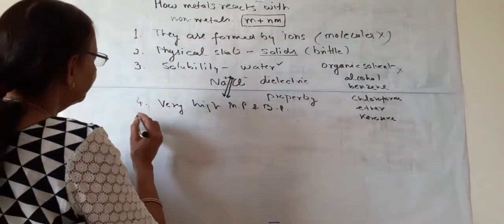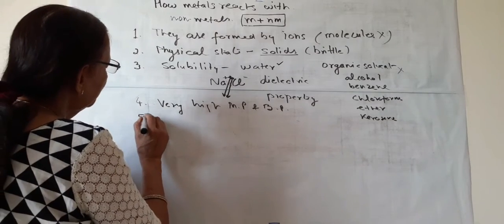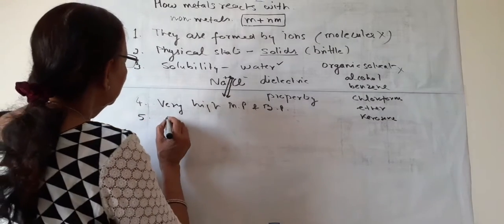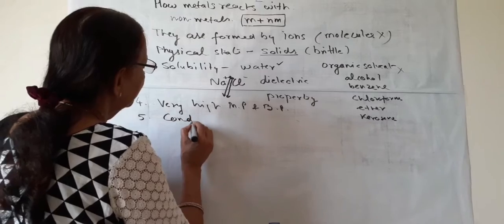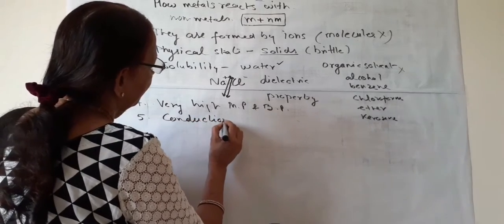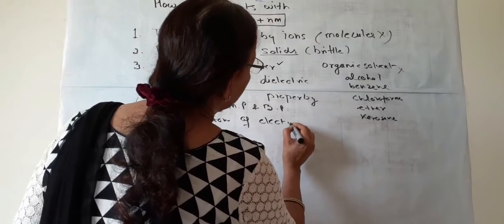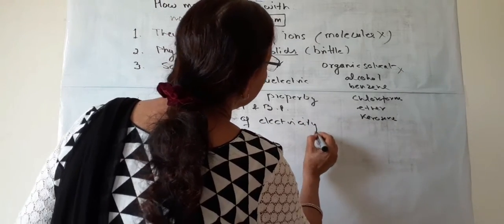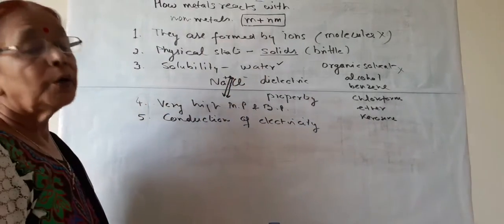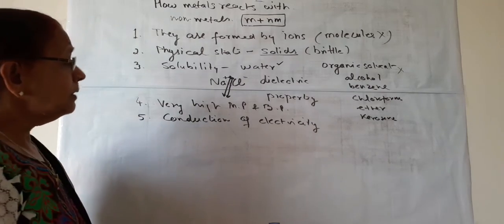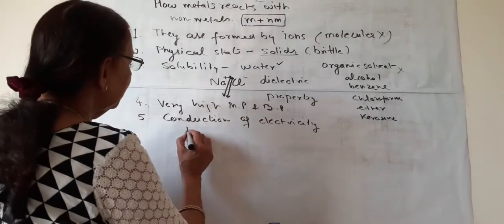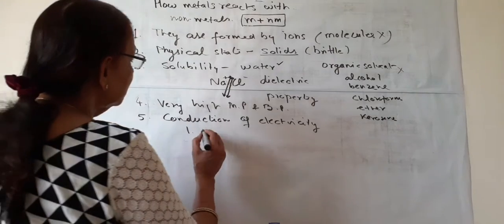This is how. And the fifth and most important is conduction of electricity. Whether they can conduct electricity or not. Now these ionic compounds, we can have them in three states.